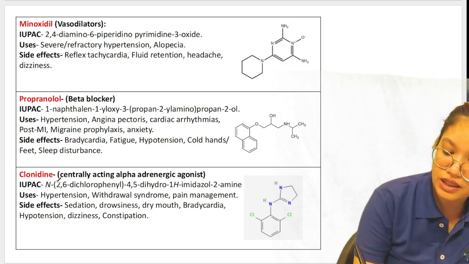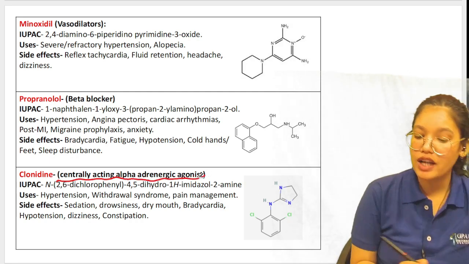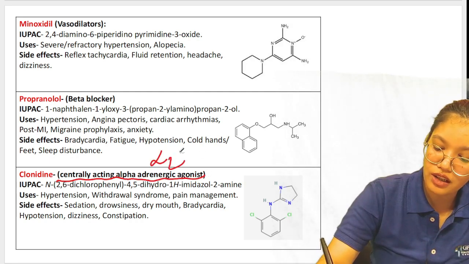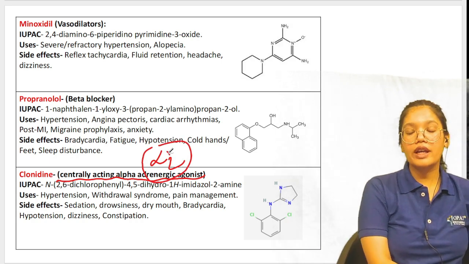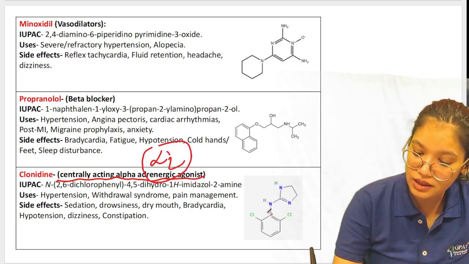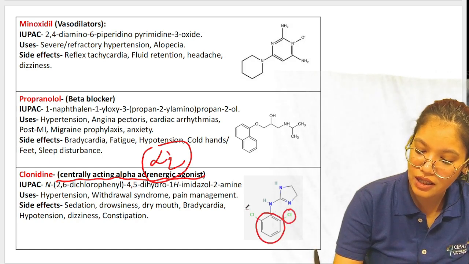Now clonidine is a centrally acting alpha adrenergic agonist. Okay, so it basically acts on the alpha 2 receptors. Now this clonidine has the structure that is a phenyl ring that has two chlorines.